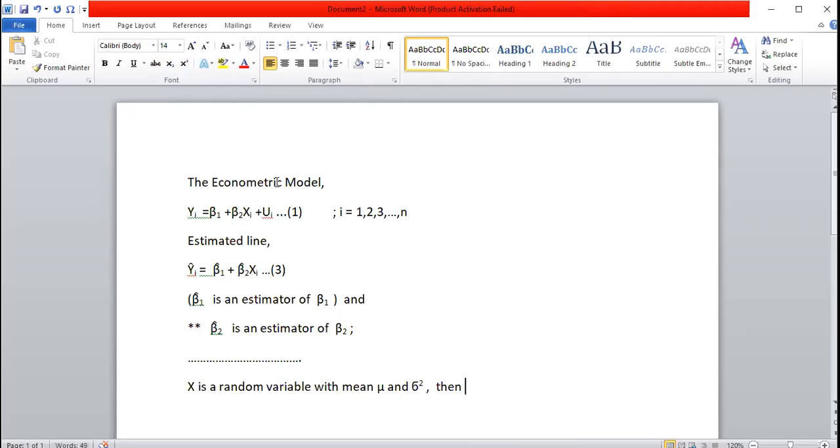And then you get a sample, a random sample of size 30, or n, and you find the mean of that sample.